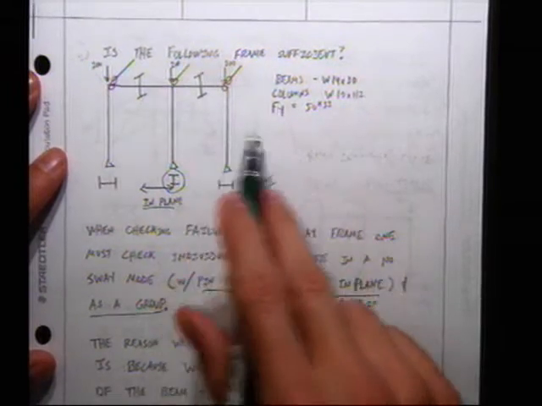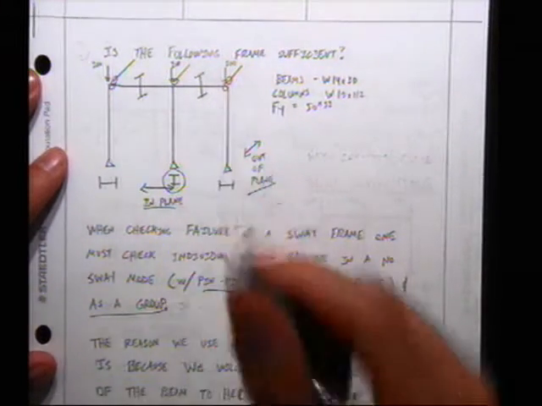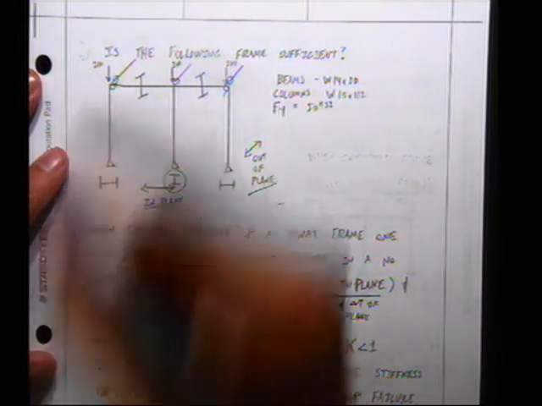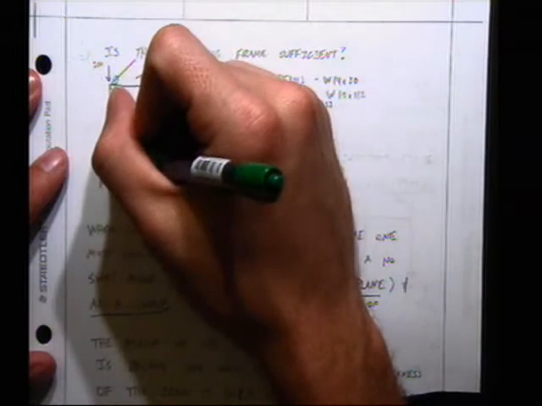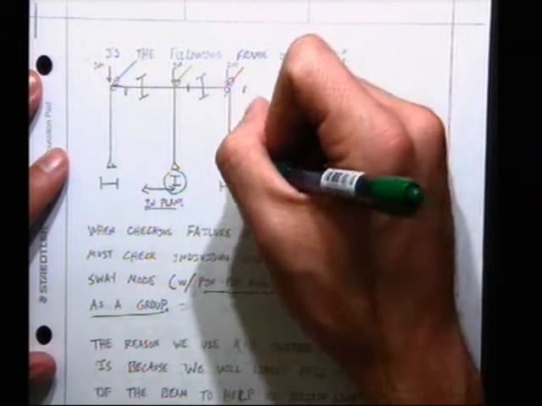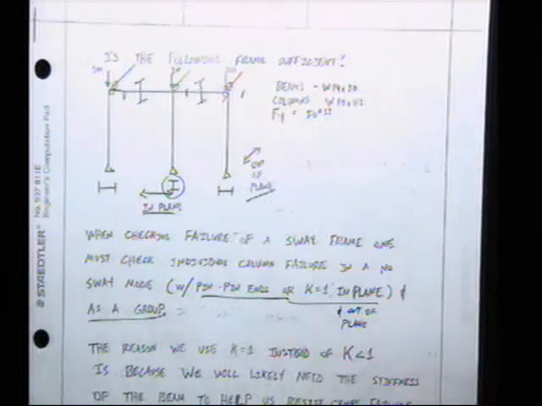So in this case, if one of these single members becomes overloaded, then it may fail, or the whole thing would fail and lean over as a group. And if it leans over as a group, if we draw the deflected shape, this would be straight. Where's my straight edge?